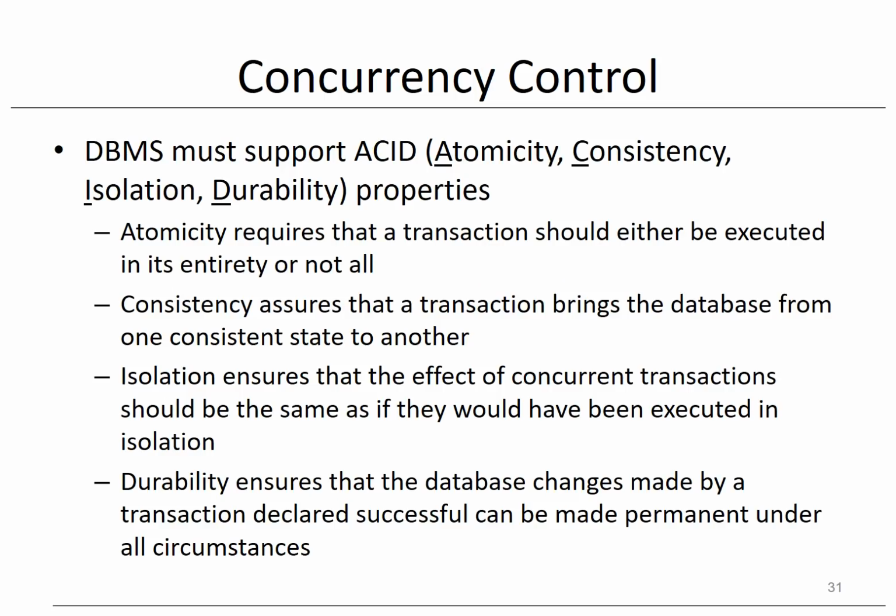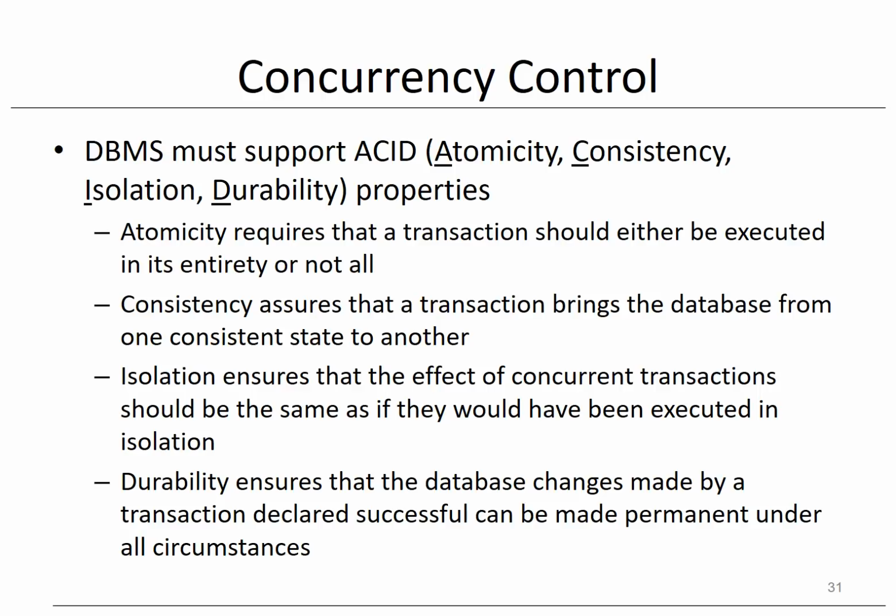To ensure that database transactions are processed in a reliable way, the DBMS must support the ACID properties: atomicity, consistency, isolation, and durability. Atomicity, or the all or nothing property, requires that a transaction should either be executed in its entirety or not at all.